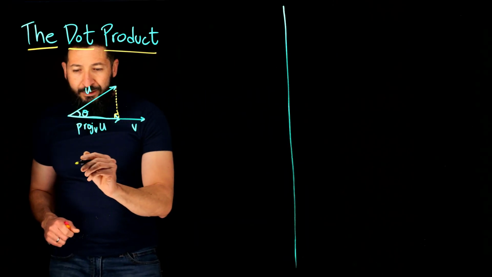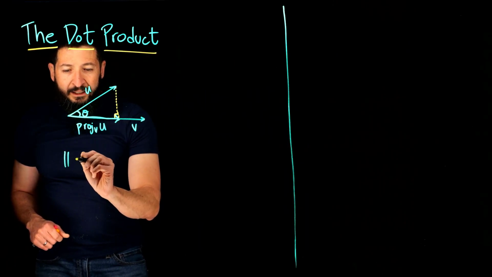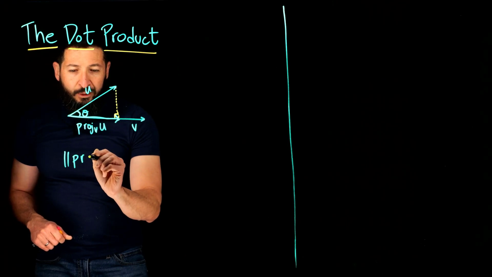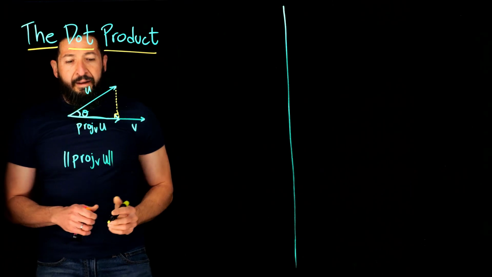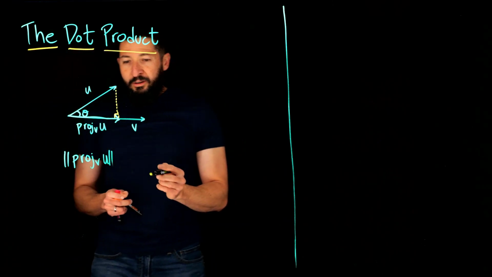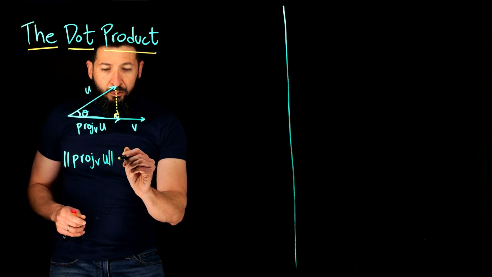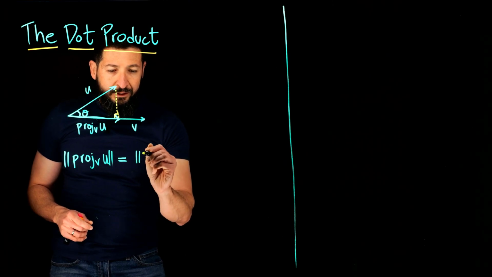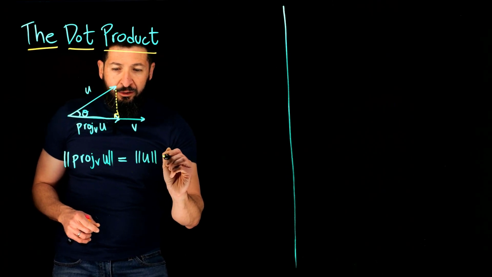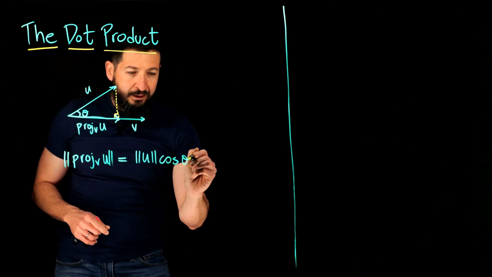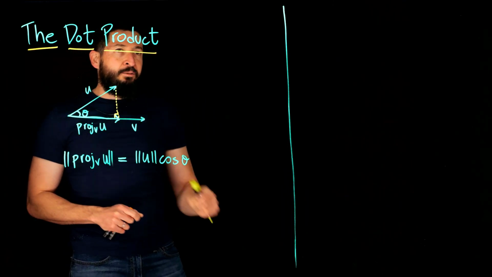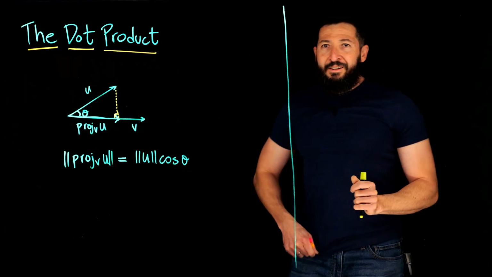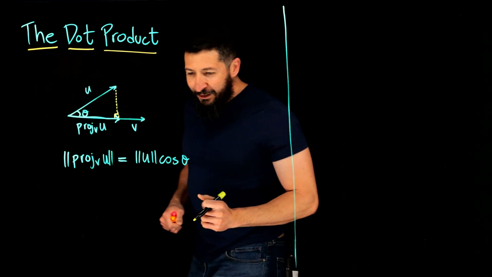Well, I know what the magnitude of it is because that's a right triangle. And that is easy to do because that is going to be equal to the magnitude of u times the cosine of the angle. Hypotenuse times the cosine is adjacent, right? That's just your SOHCAHTOA or whatever it's called.